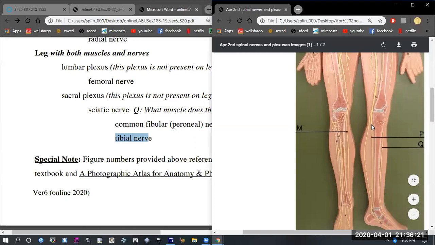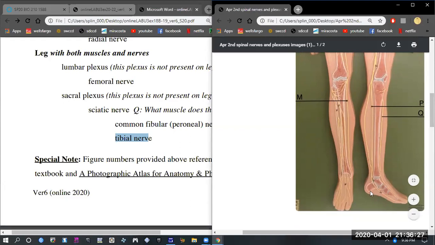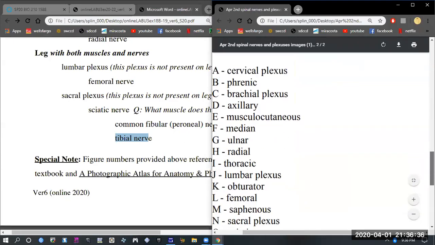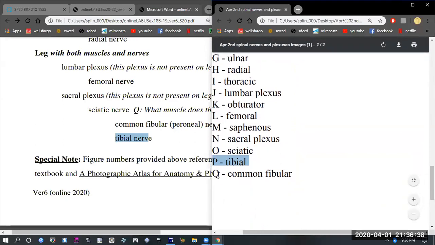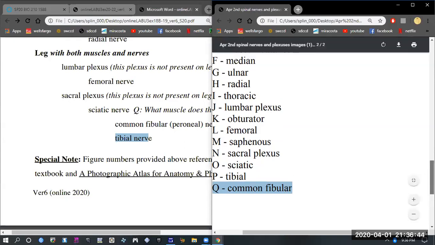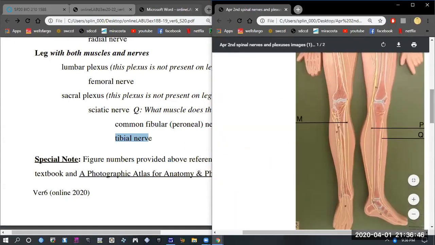So you see that branch that goes more posterior. Whereas again, we're viewing the medial side of this leg and more to the lateral view. So we can see this letter Q that's labeled there. And since the leg is rotated, we don't see so much of that lateral common fibular nerve. Okay. So we have that aspect there.